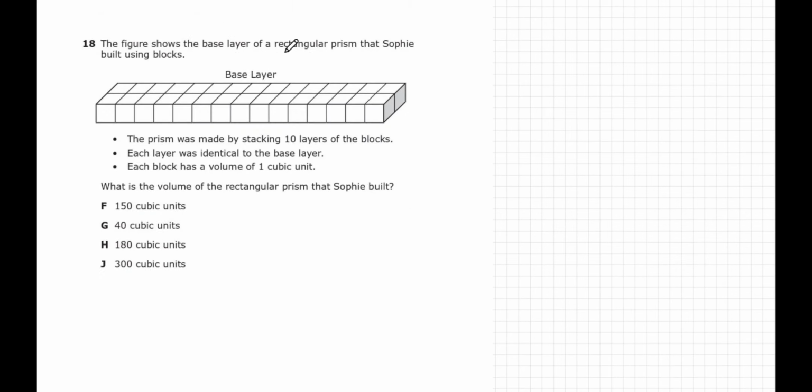Question number 18. The figure shows the base layer of a rectangular prism that Sophie built using blocks. The prism was made by stacking 10 layers of the blocks. Each layer was identical to the base layer. Each block has a volume of 1 cubic unit.